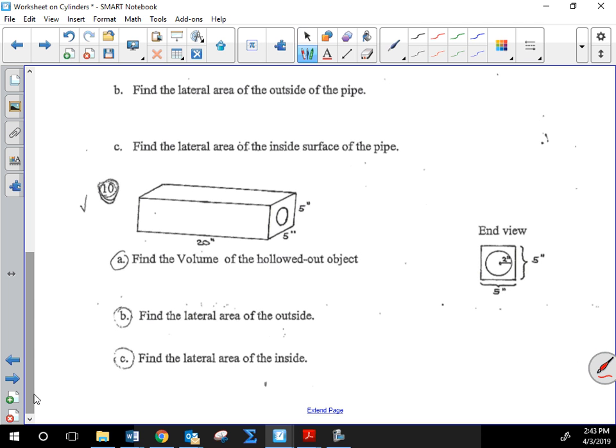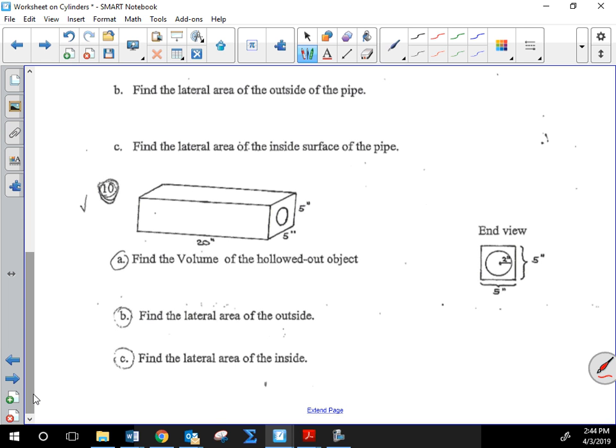Okay, so find the volume of the hollowed out object. What do we have to do? Let's see. Rectangular prism. Find the volume of the cylinder, then subtract the cylinder volume from the rectangular prism. Good. Very good. That's exactly it.